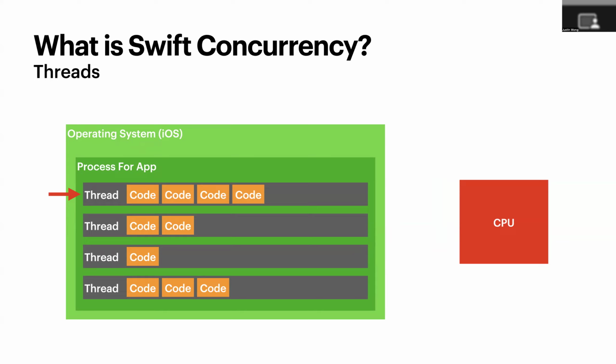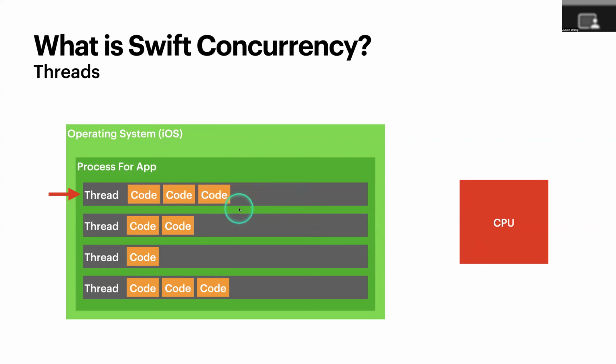And then what happens is that the operating system chooses a thread, or chooses a highway lane. And basically, once it chooses that thread, the code that's queued up on that lane, one by one, will be run on the CPU. So in this case, it chooses the first thread, and then it takes the first code that's queued up and runs it on the CPU, right?